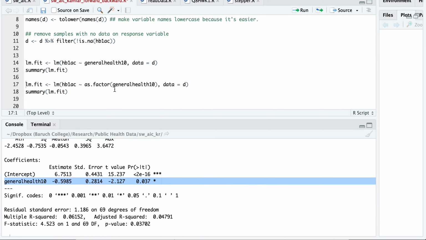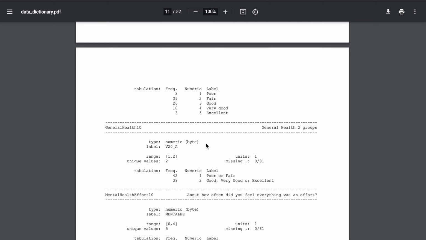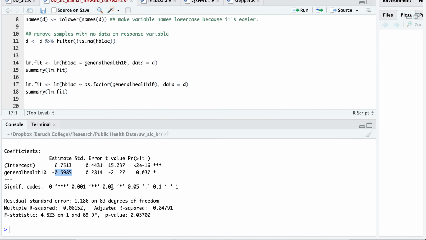General health only explains 6% of the variability, but nevertheless the responses are significant, and it's negative. So what does negative mean here? You have two numeric values, so those who think they have good, very good, or excellent health, on average, their levels of blood sugar is this much less.